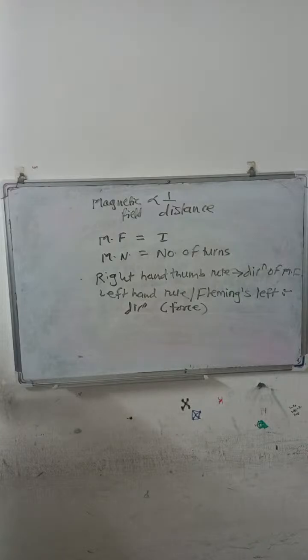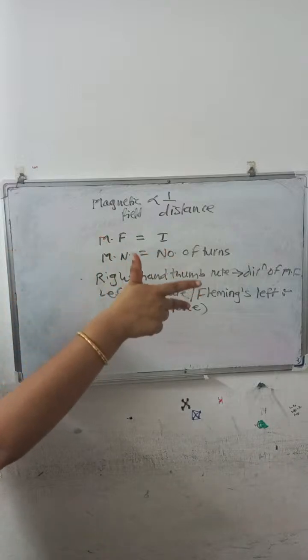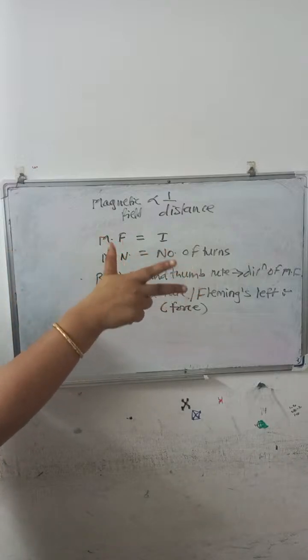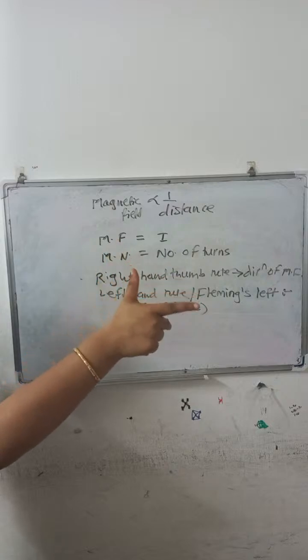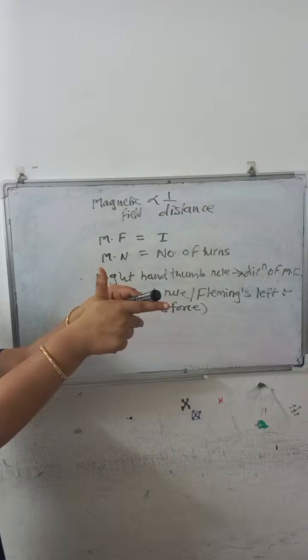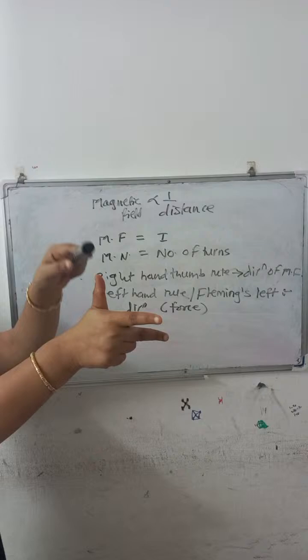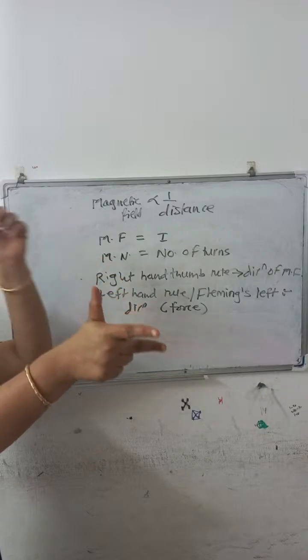Whenever we take the left hand, the thumb, index finger and middle finger are mutually perpendicular to each other. The thumb is perpendicular to the index finger, the index finger is perpendicular to the middle finger, and the thumb is also perpendicular to the middle finger.